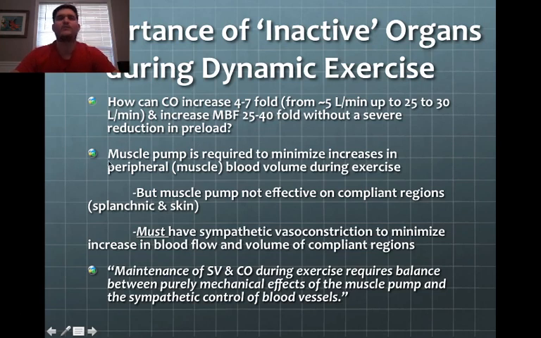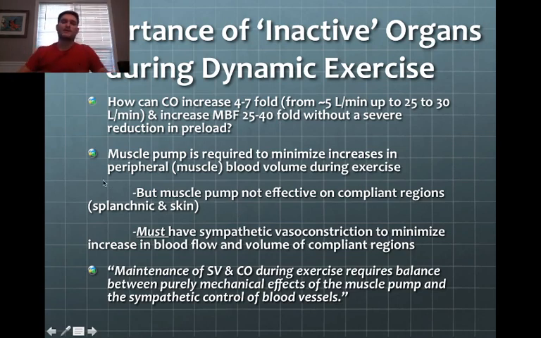For one reason, it's because of the muscle pump. Since we are passing most of our cardiac output through the skeletal muscle, we're not seeing the same drops in preload during physical activity. But that is great, we also have to keep in mind that the skeletal muscle pump is not going to be effective in compliant regions.